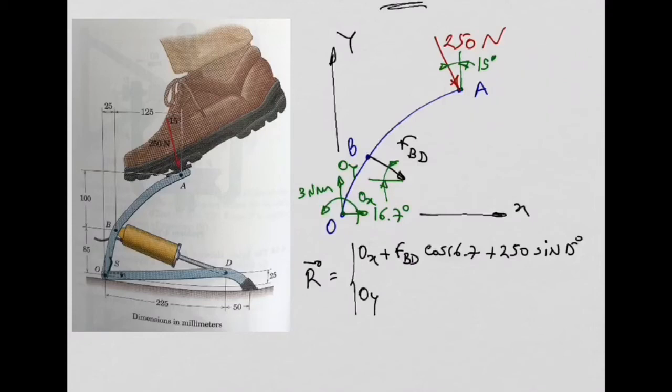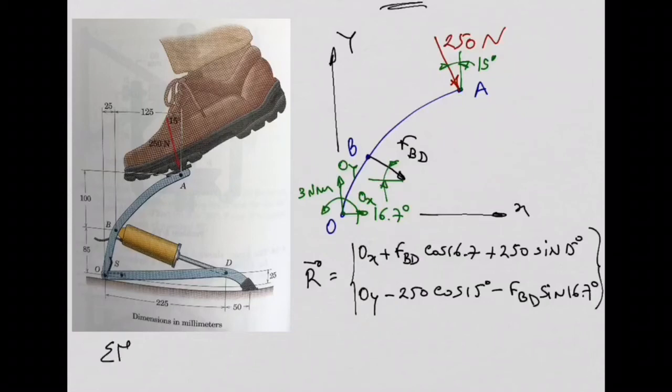Positive or negative? Minus 250 times cos 15, good. What else? Minus FBD. Good. Very good.